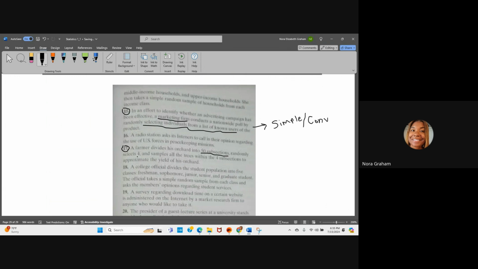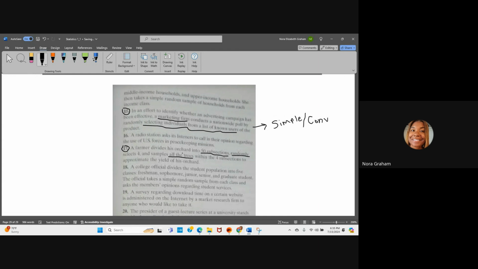Randomly selects 4, and randomly, that's important as well. Randomly selects 4 and samples all the trees within the 4 sections to approximate the yield of his orchard. Okay. Oh, there's some good ones in here. So samples all the trees.